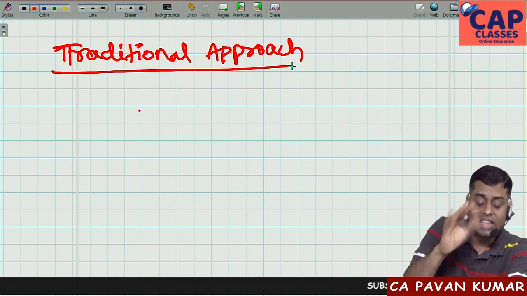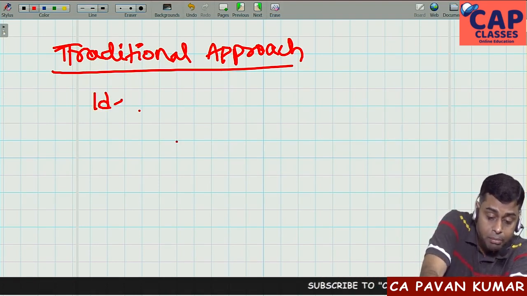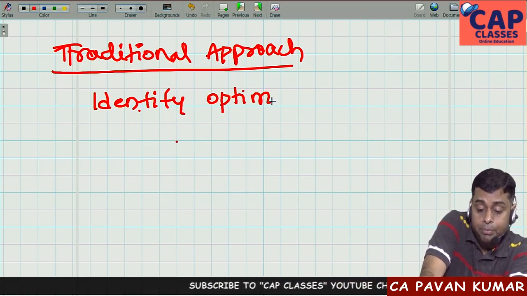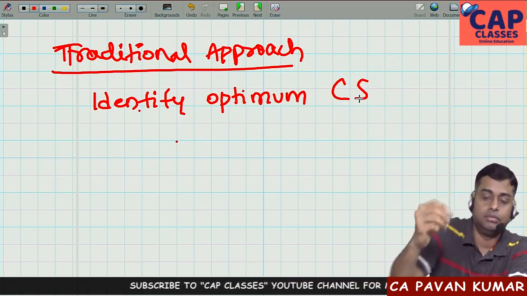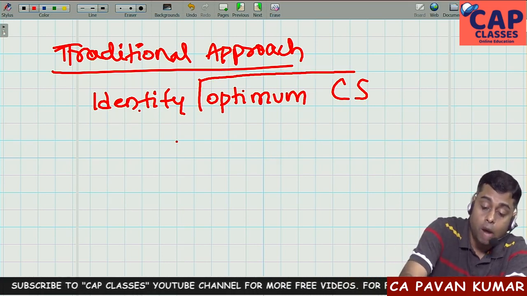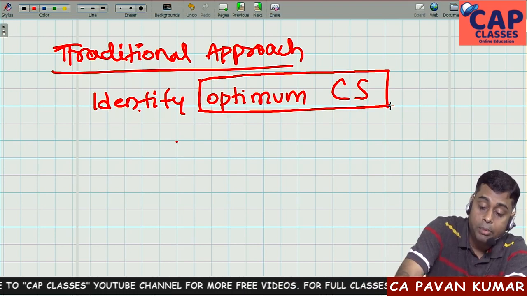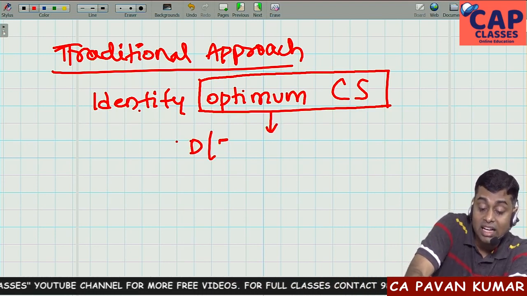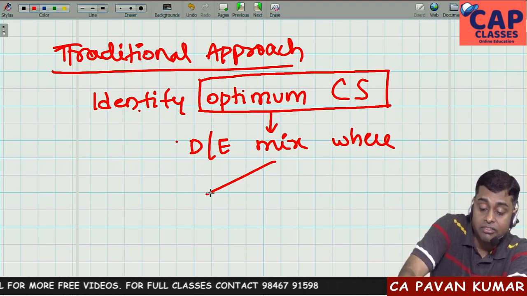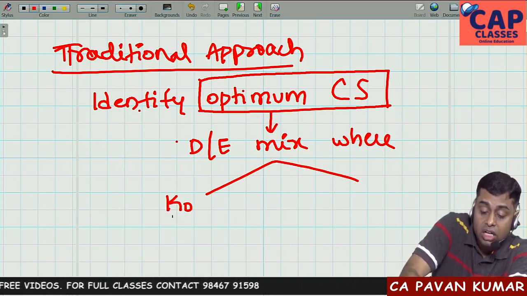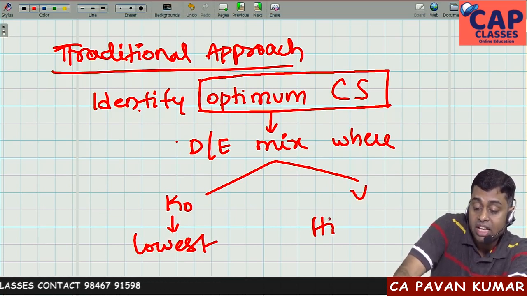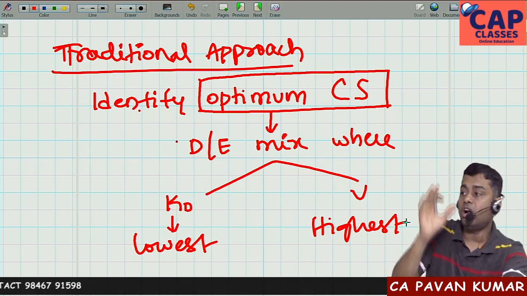So what is optimum capital structure? Optimum capital structure is the debt equity mix where KO is lowest and value of the firm is highest. Do it on trial and error.